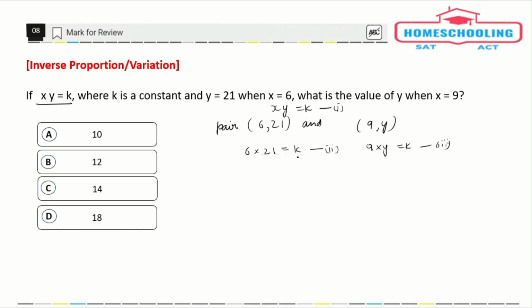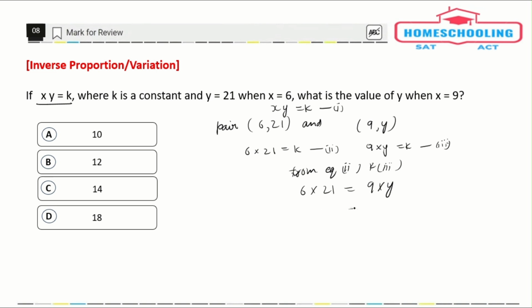As we can see, both the equations are equal to k, so we can equate equations 2 and 3. So 6 into 21 is equal to 9 into y.